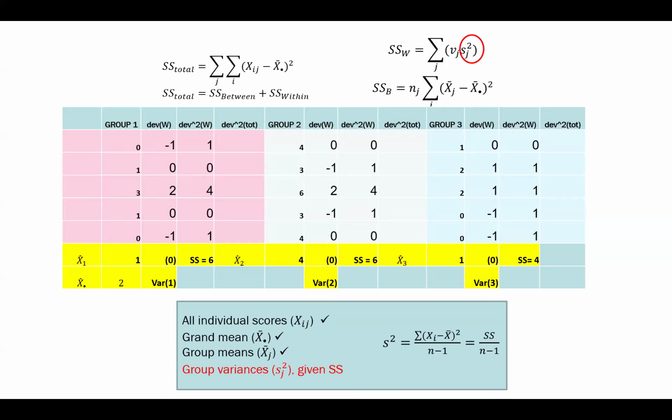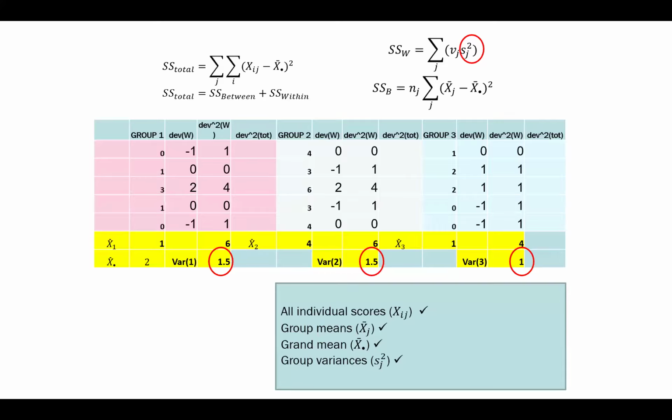So we're going to take each of these group sums of squares within components and divide them by the number of cases in a group, minus 1. And that will give us 1.5, 1.5, and 1 for the variances across the groups.